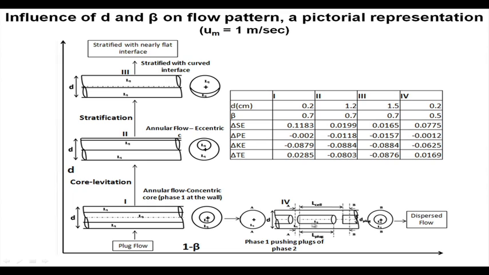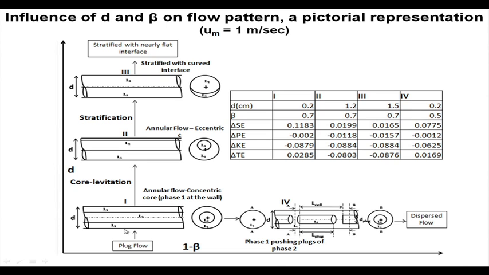As we decrease the water fraction, we gradually shift to the annular flow pattern. From the plug flow pattern, as we decrease the water fraction we get annular flow, and as we increase the diameter we get annular flow. So, there is a coupled effect of decreasing beta and increasing diameter to attain the annular flow pattern.